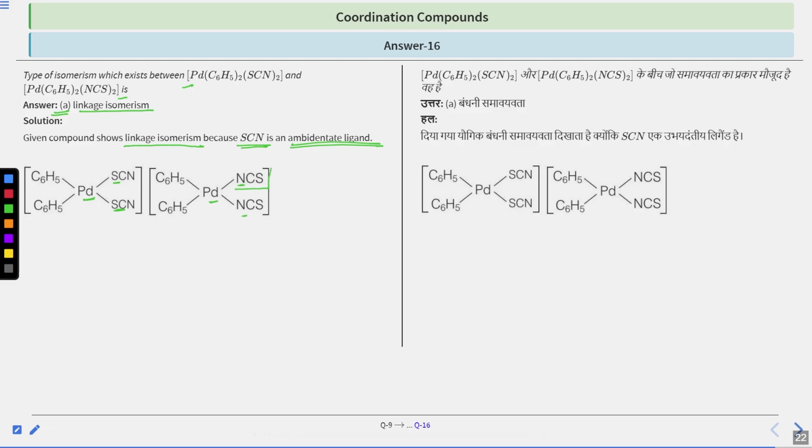But the ligand is the same, NCS and SCN are the same. This ligand can combine to the central metal atom through sulfur and through nitrogen, both atoms. That's why it is known as an ambidentate ligand, and it will show linkage isomerism. So the isomerism that exists between the two given complexes is linkage isomerism, and thus option A is the correct answer. Okay, thank you.